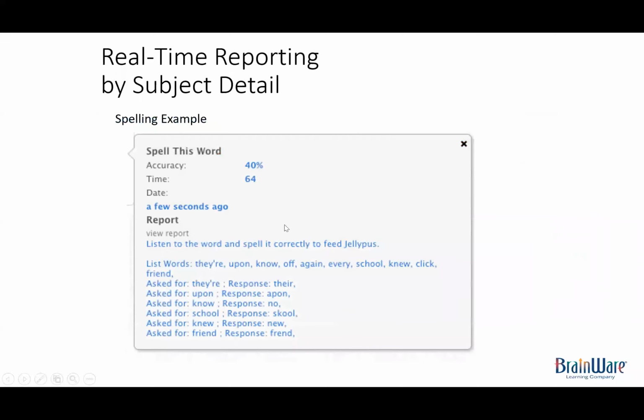You can see this one was a spelling exercise, and the spelling words were there, upon, no, off, again. So some basic sight words. And when they were asked for their T-H-E-Y apostrophe R-E, the response was T-H-E-I-R. And so we can get very specific in terms of the kinds of mistakes that the student was making, and obviously do the appropriate intervention and go back and support them in the ways that they particularly need.